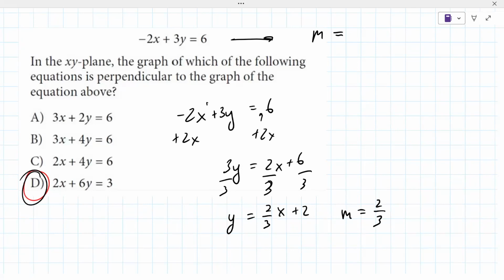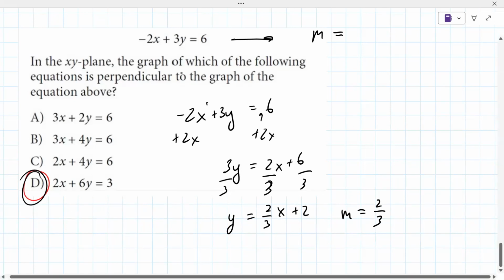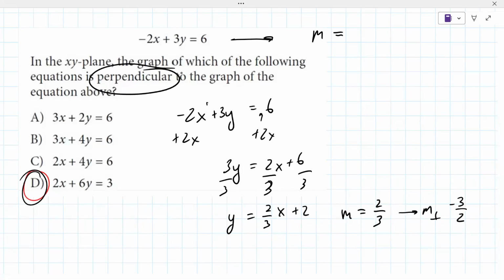Do you want to change your answer? Yes. Okay. You have to solve it for y all the way through. All right. Now, perpendicular though, keep in mind what perpendicular is. We're not looking for this number. We're looking for -3/2. Perpendicular is the opposite reciprocal.